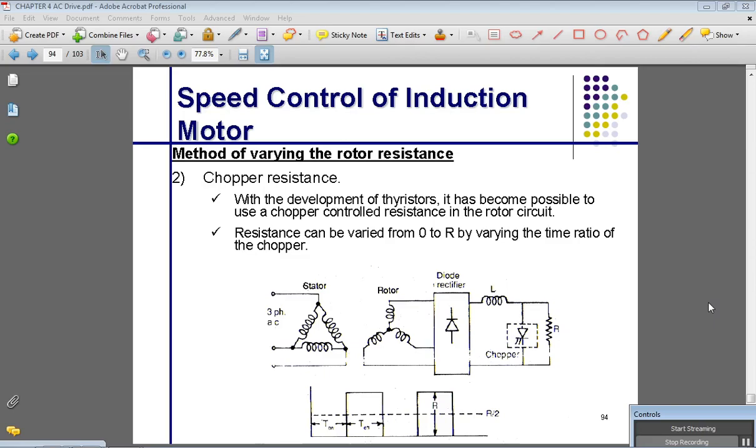Inductance is added to the circuit to reduce the ripple and discontinuity in the DC link current. Resistance can be varied from 0 to R by varying the time ratio of the chopper. The resistance will be 0 when the chopper is on and will be equal to full value when the chopper is off.